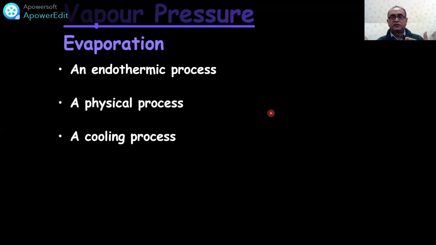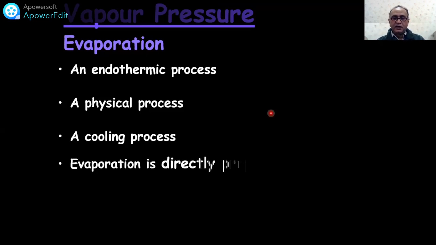That is why we always feel good in summers under a tree, because the process of evaporation, the process of transpiration is going on there. So transpiration or evaporation is a cooling process. Evaporation is directly proportional to the temperature.